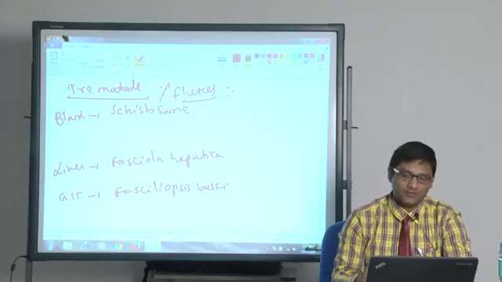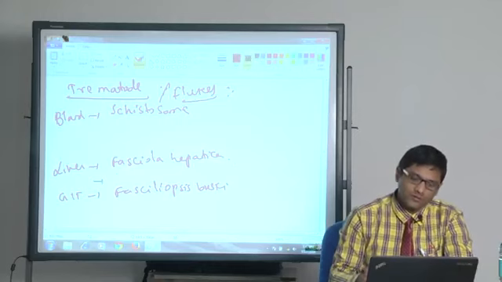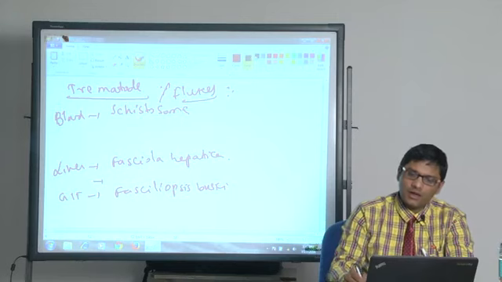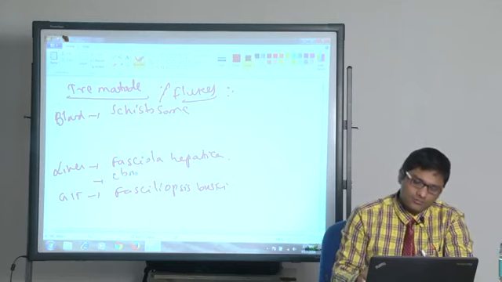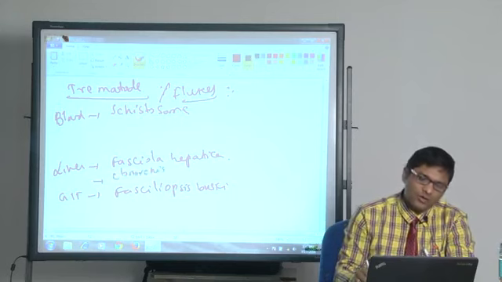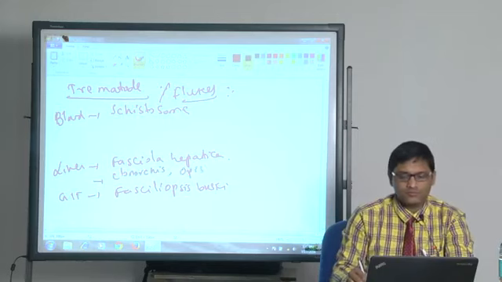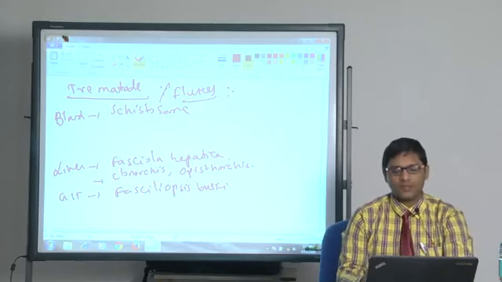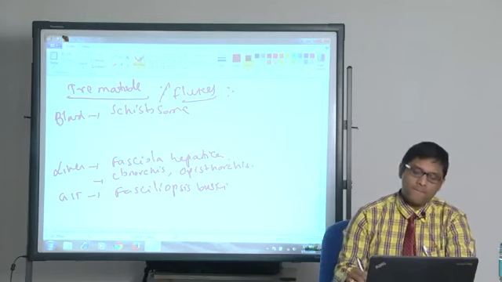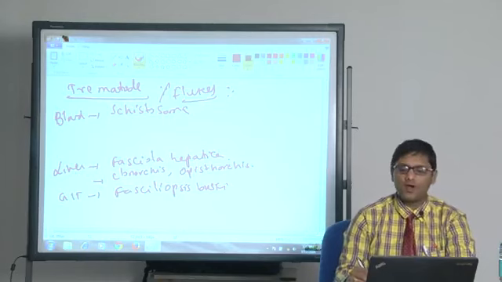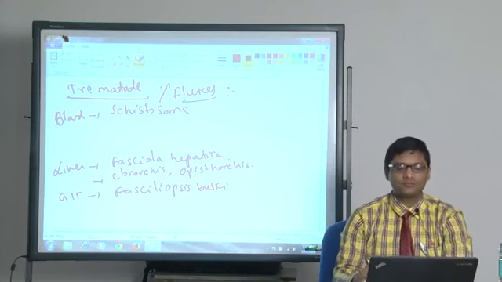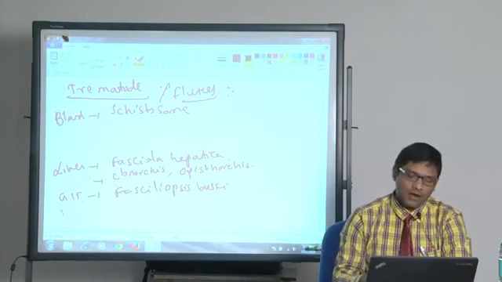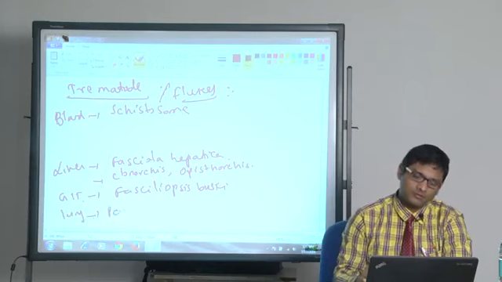Other examples are Opisthorchis and Clonorchis, which are also liver flukes. Fasciola is also a liver fluke, Fasciolopsis buski is an intestinal fluke, and the lung fluke is Paragonimus.